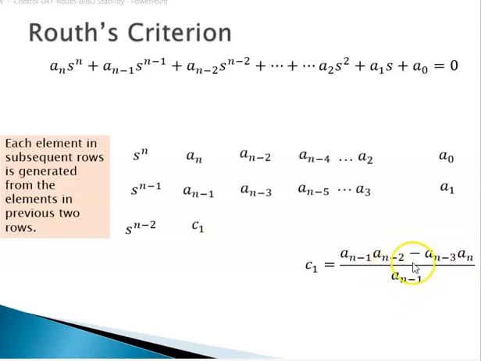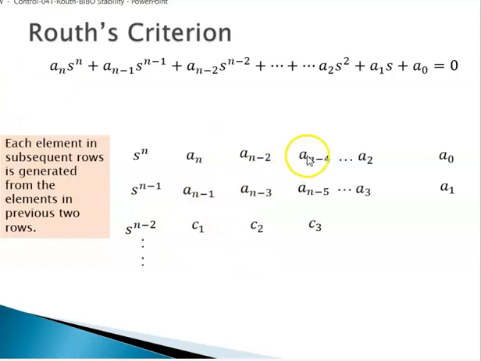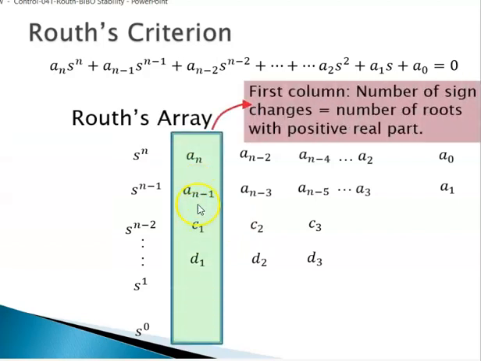This an minus 1 is called the pivot element. That pivot element appears in the denominator in the formula for all these elements, for c1, and then let us look at c2: an minus 1 times an minus 4 minus an times an minus 5, divided by an minus 1. That is the reason why this an minus 1 is called the pivot element.